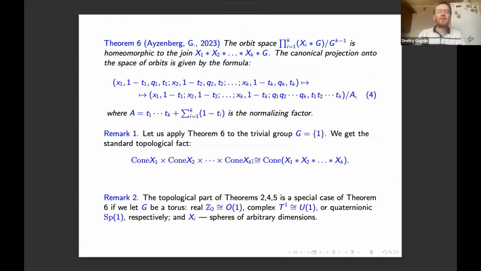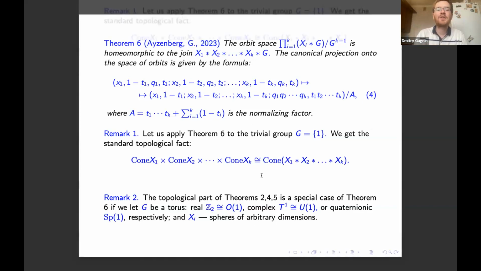And what I want to say is that the topological part of theorems 2, 4, and 5, when you have the real torus action on the product of spheres, the complex torus action on the product of spheres, and quaternionic torus actions on the product of spheres, the topological part is just the special case of this general theorem, where you take G the real torus, the complex torus, and quaternionic torus respectively, and xi the spheres of arbitrary dimensions.